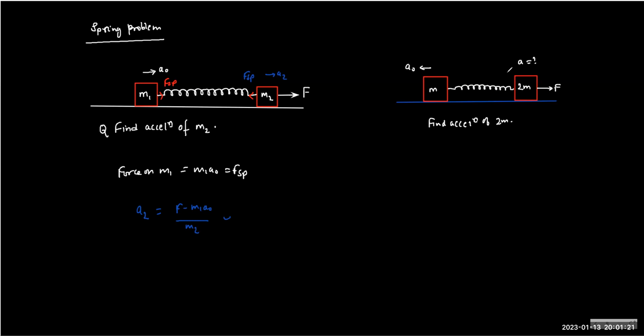Got it. So what's the answer? So (F plus MA naught) by 2M. So A equals A plus... and this is the right answer.